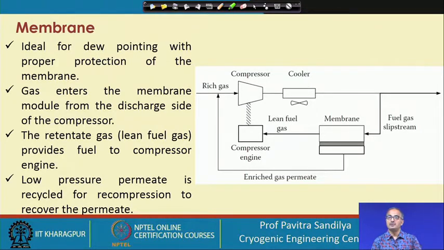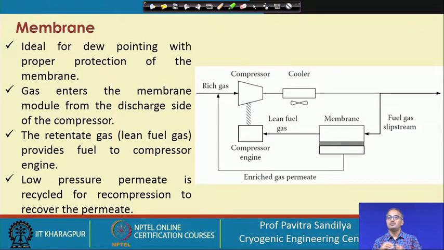As we know, in gas separation we use non-porous membranes. We learnt earlier that these non-porous membranes work on the solution diffusion mechanism. In this case, it depends on how the particular hydrocarbon gets adsorbed on the membrane surface.